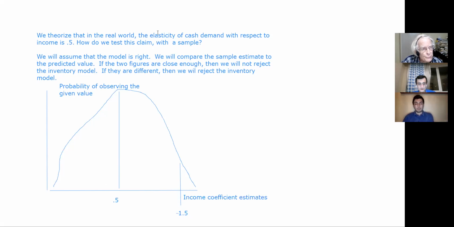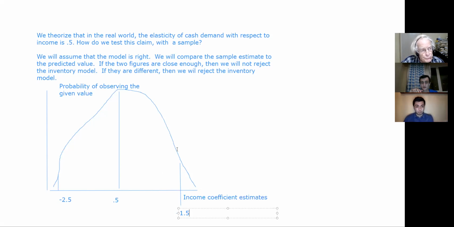Or another example, here is a value that is negative, maybe minus 2.5. So what do we do if in our sample we have an extreme estimate like 1.5 or minus 2.5?